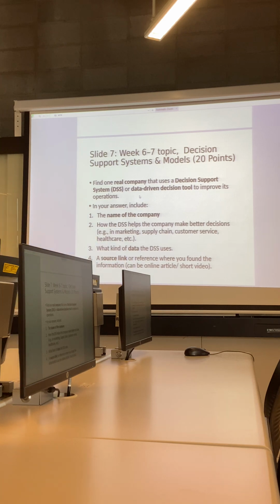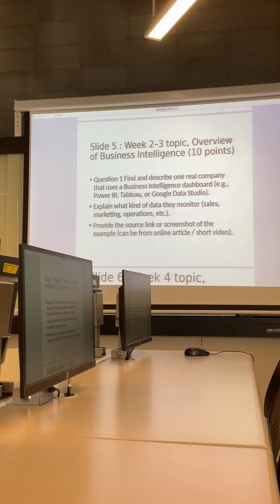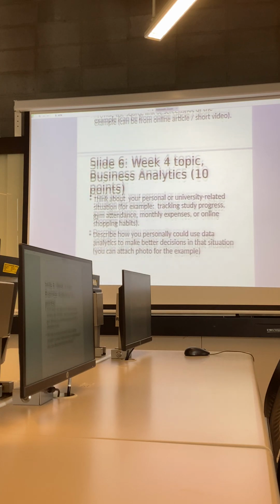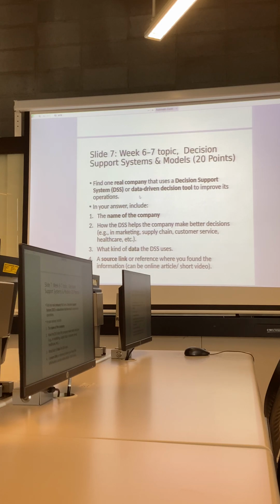Slide number 7 and number 5 are different. Slide number 5 is a business intelligence dashboard. Slide number 7 is a decision support system: how the company uses data to make decisions.